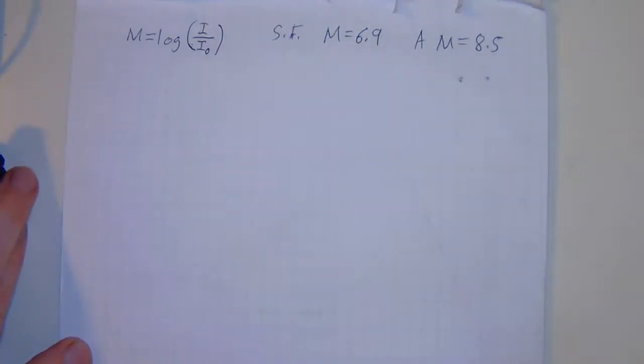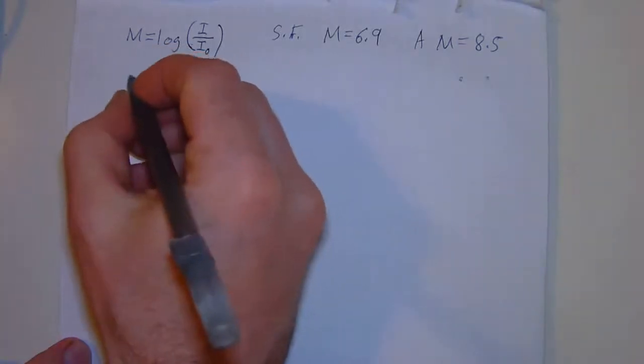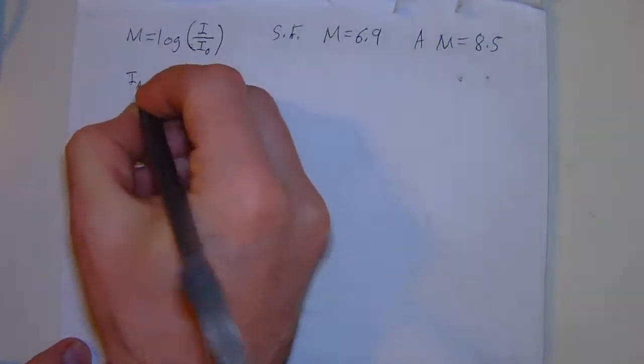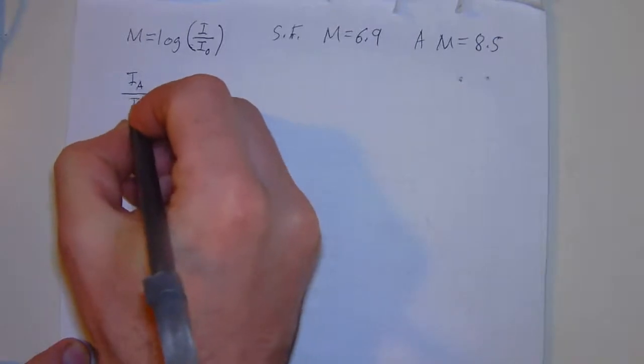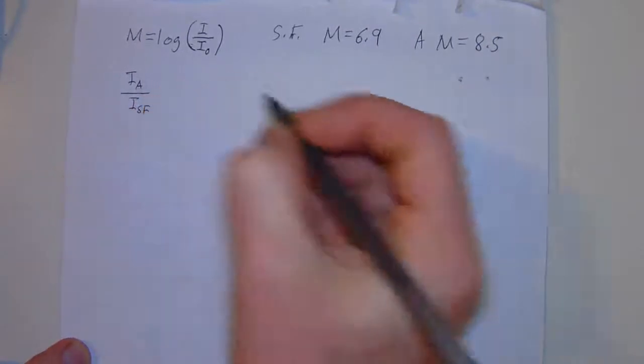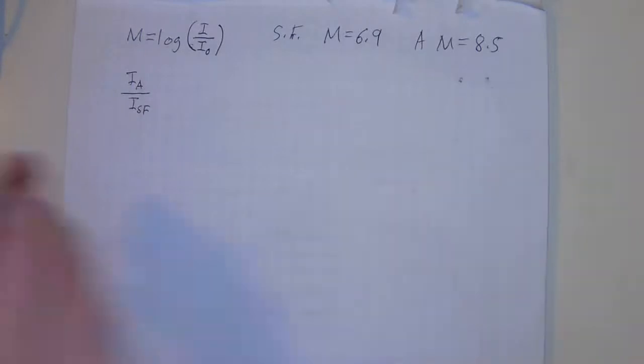The first question in the handout 3.17.h that's up in the classroom asks how many times as intense as the San Francisco earthquake was the Alaska earthquake. In other words, we're looking for the intensity of the Alaska earthquake divided by the intensity of the San Francisco earthquake. Give me a 1 in chat if that's making sense so far before we dive into the algebra.